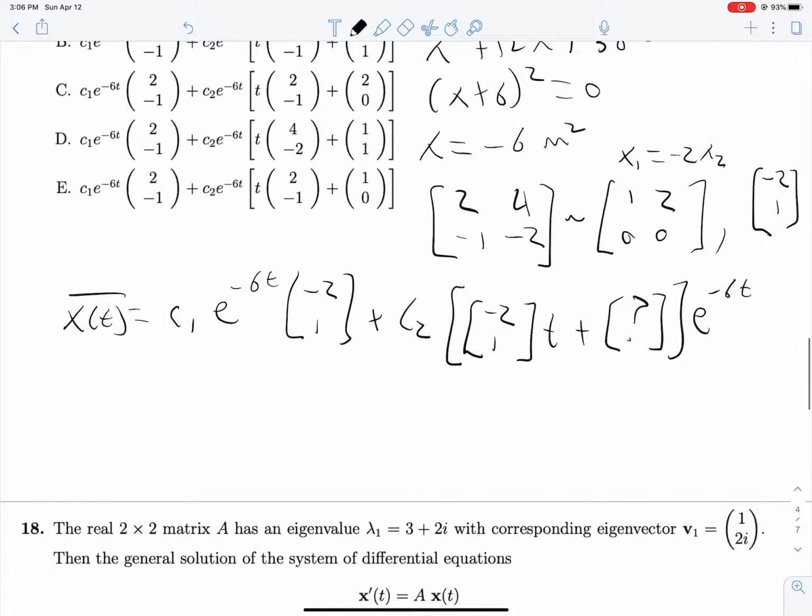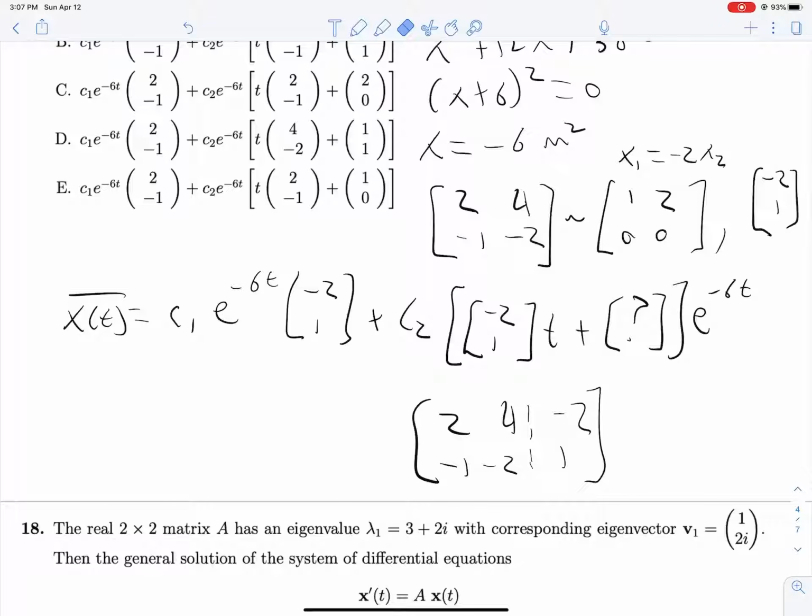This generalized eigenvector we get by solving A minus lambda I is equal to v1. So that is 2, 4, negative 2, negative 1, negative 2, 1.